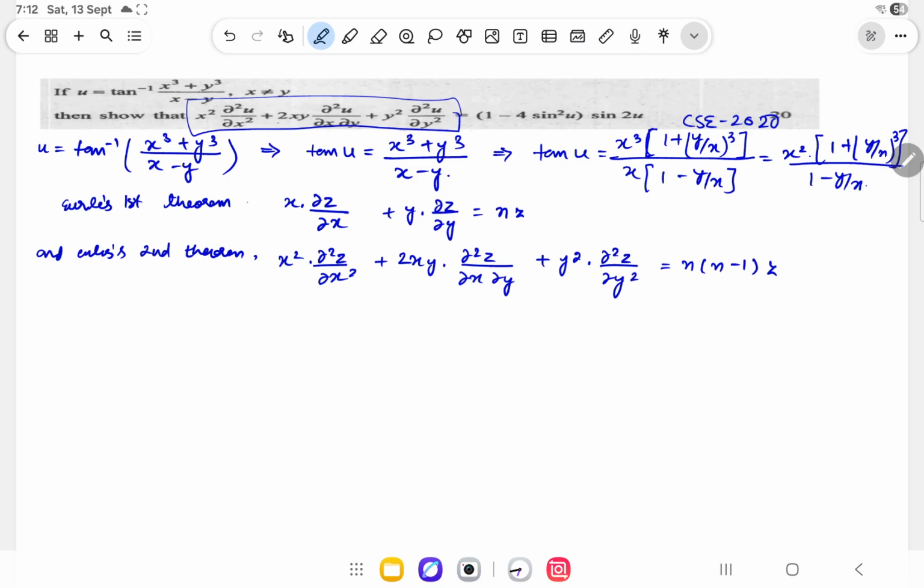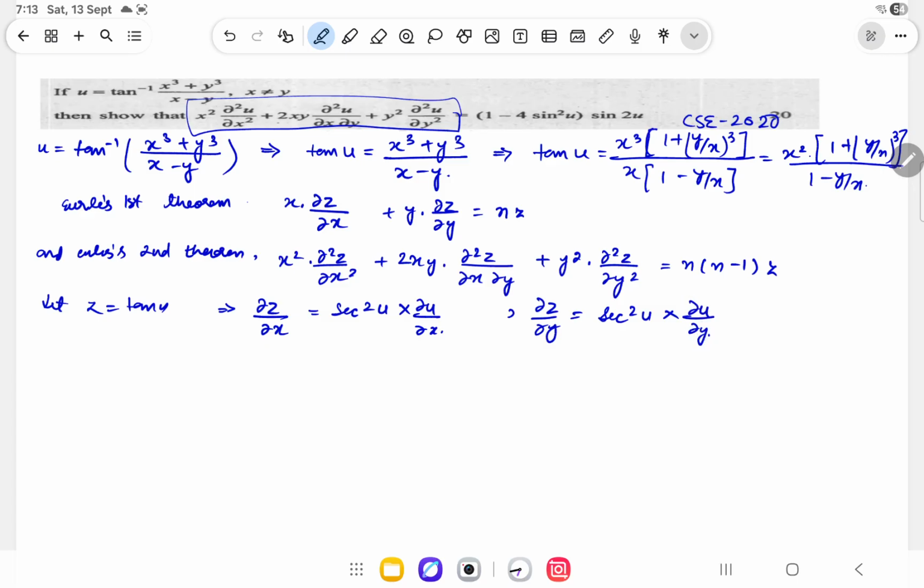So let's solve it. Let us take our z as tan of u. So let z equal tan of u. If I calculate del z by del x, I'll be getting sec square u into del u by del x, and del z by del y will be basically equal to sec square u into del u by del y.